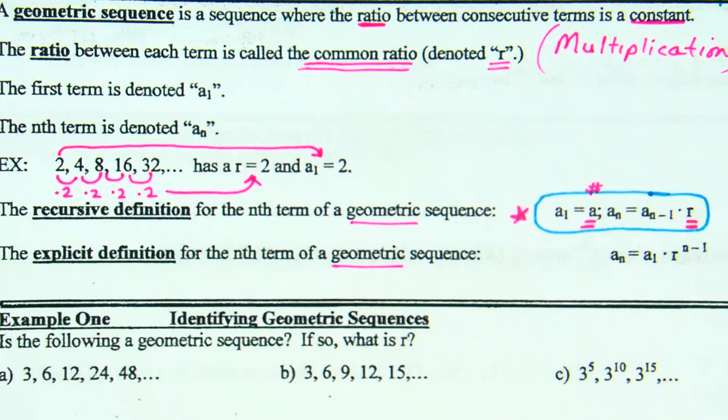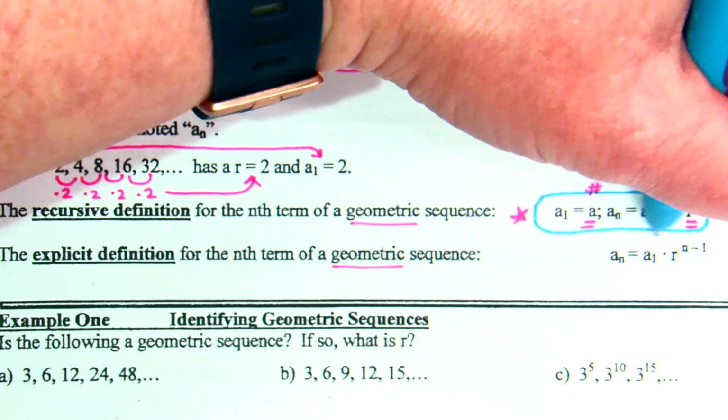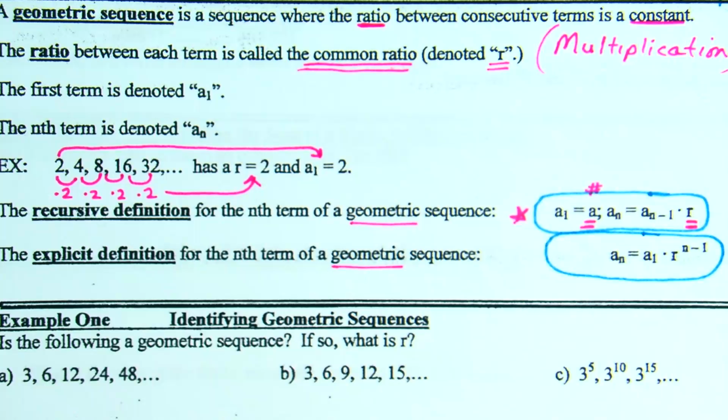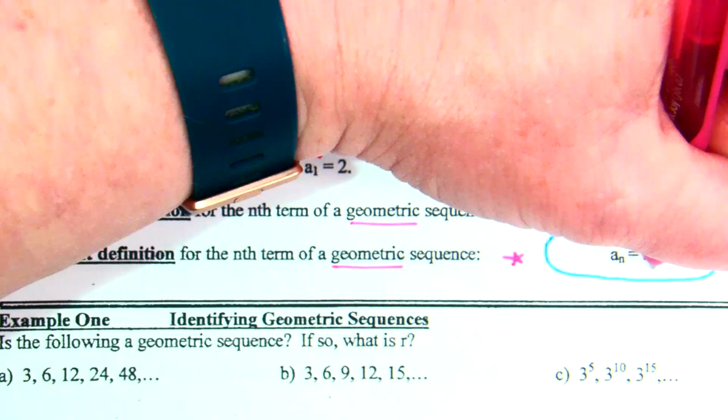Do you remember what A of n minus 1 represented? The previous term. Okay. So yesterday our recursive was A of n minus 1 plus D. Today it's times R. Now, explicit, the one that we'll probably use more, of course: A of n equals A of 1 times R to the n minus 1.